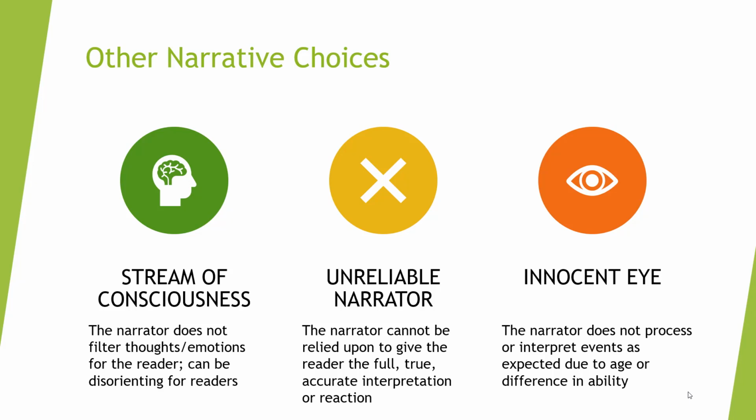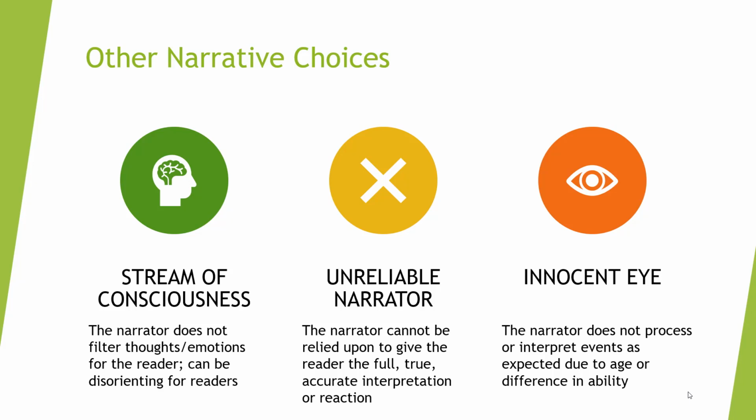We expect the narrator to be honest and to accurately tell us what people are thinking and feeling and what they're motivated by and why they do what they do. An unreliable narrator is one that we can't trust to do that for us, and that can have interesting consequences on the way readers interpret a work.